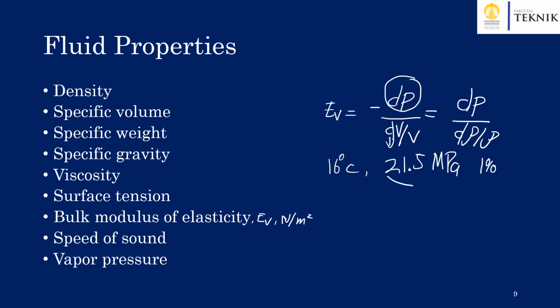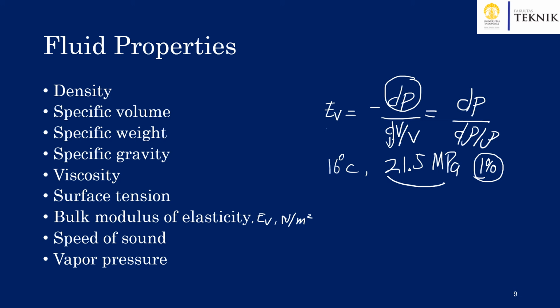So it will take 21.5 megapascal to change 1% volume of water. Therefore, most liquids, or all liquids, are known as incompressible fluids. On the other hand, gases are categorized as compressible fluids.